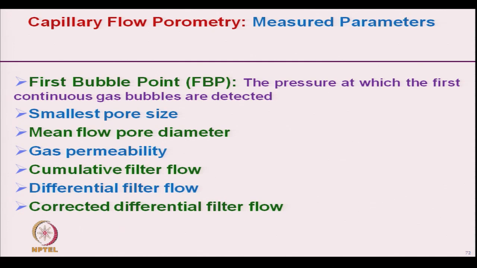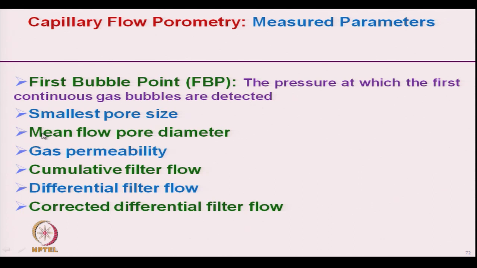So, here the parameters are, first, FBP, the first bubble point, the pressure at which the first continuous bubble is formed and detected. This is the pressure.